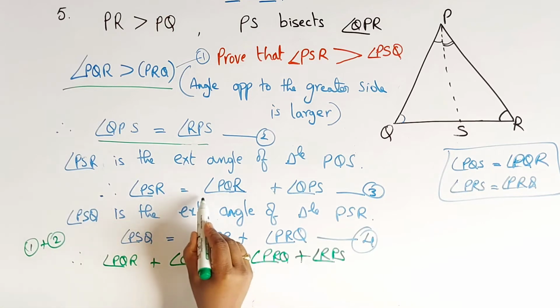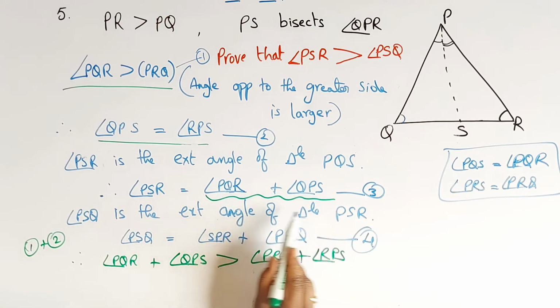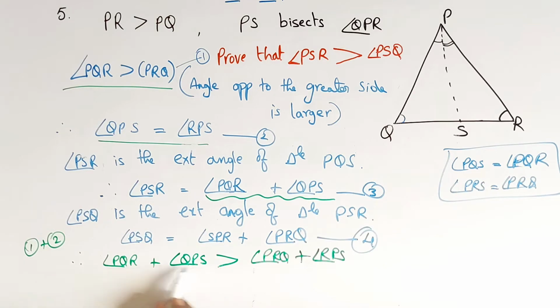From the third equation, angle PQR plus angle QPS equals angle PSR. In place of the sum of these two angles, we can write angle PSR, children. That is greater than angle PRQ plus angle RPS.